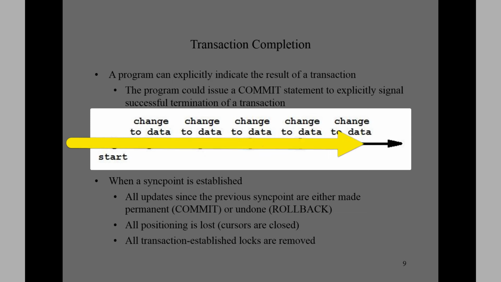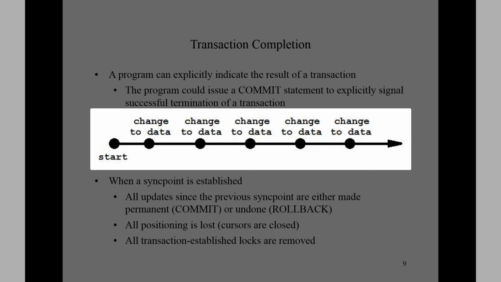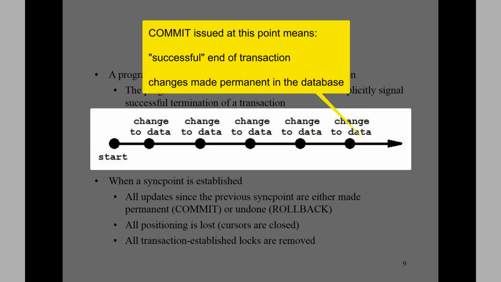Each dot that we show along the way represents an SQL data manipulation statement or the effect of such a statement, such as an insert, an update, a delete, causing some change to occur within a database. If we complete all 5 of these operations, the application might choose to say everything went well and I would like to apply these changes permanently to the database, and the application would issue a commit statement.